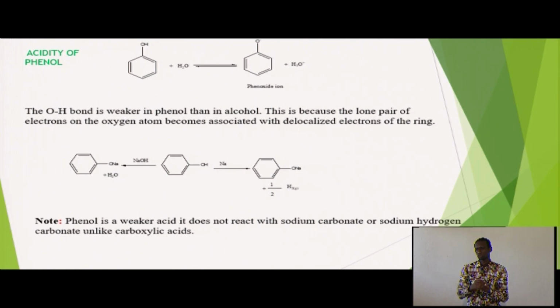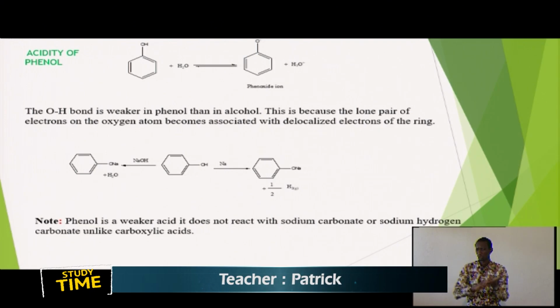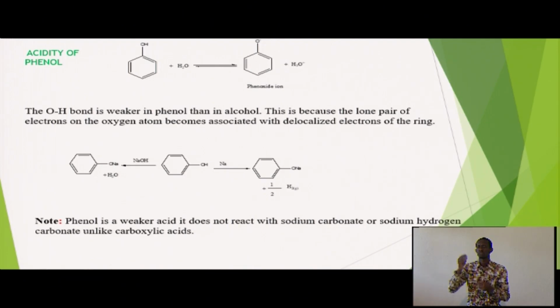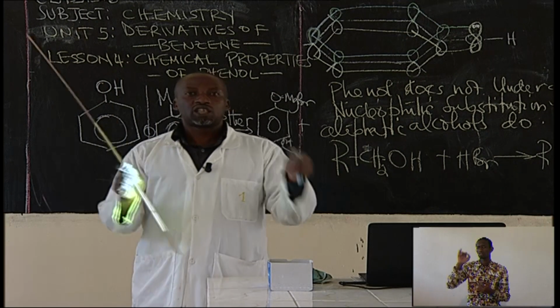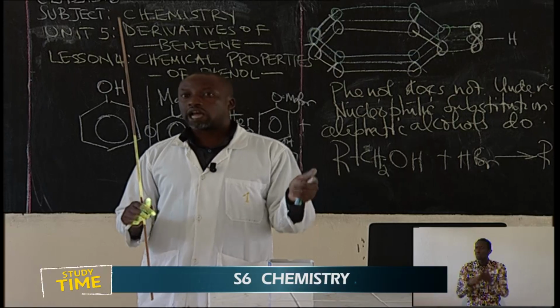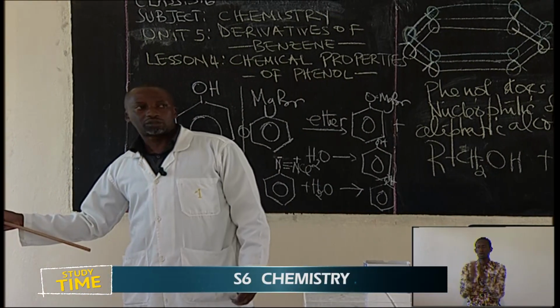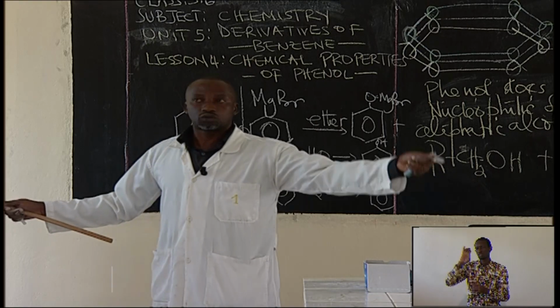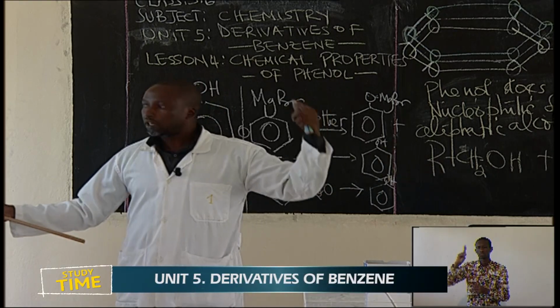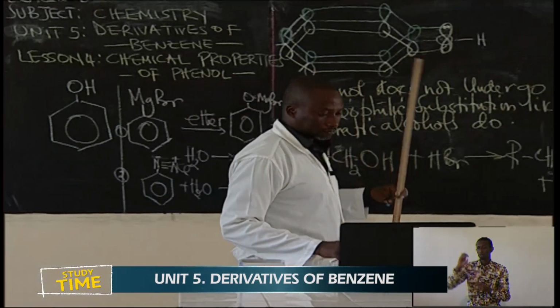So this can be used to explain the difference in acidity between phenol and carboxylic acids, and therefore to distinguish them. Phenol doesn't react with sodium hydrogen carbonate and sodium carbonate, but carboxylic acids do.